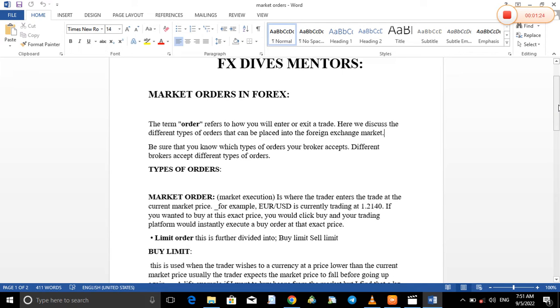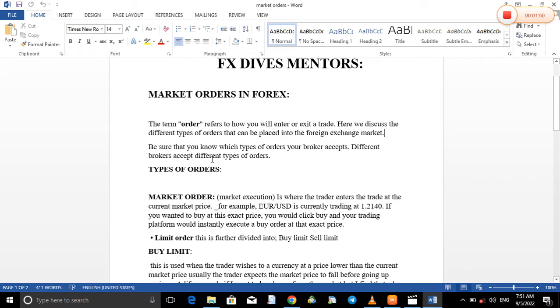When we talk about a trade, we talk about currency pairs which you are going to be placing. It can be GBPUSD, it can be EURUSD, it can be USDJPY. So you placing a trade of a buy or sell, that is what we call an order. So be sure that you know which types of orders your broker accepts.